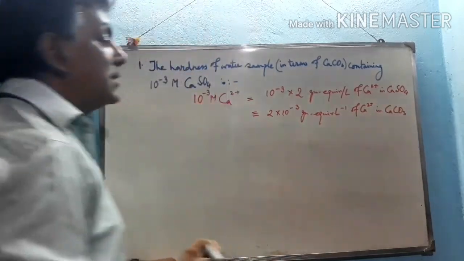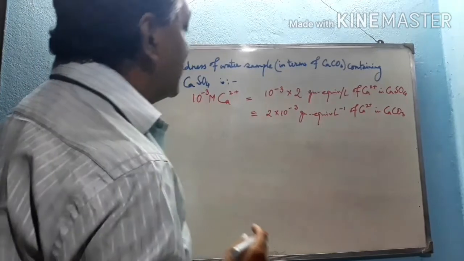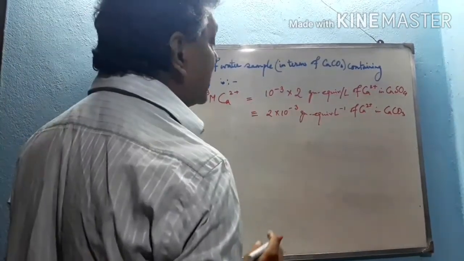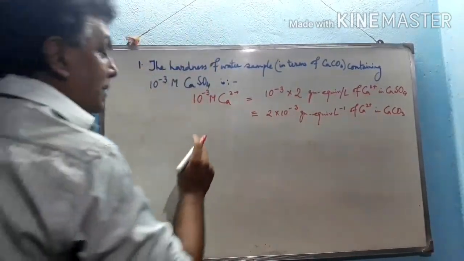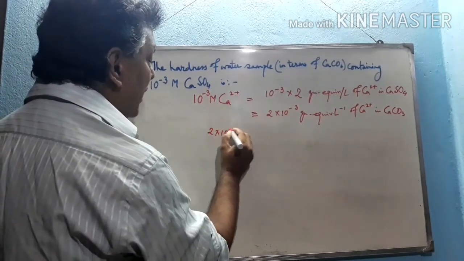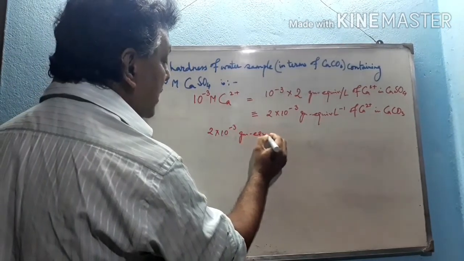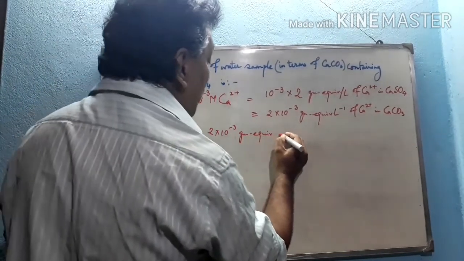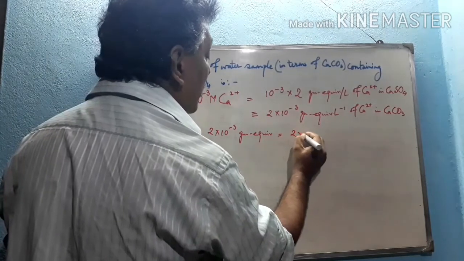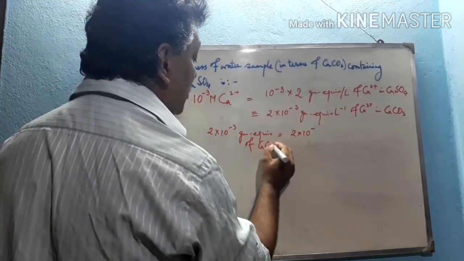In terms of CaCO3, because both salts contain Ca2+ ions, we have 2 into 10 to the power minus 3 gram equivalents of Ca2+. Now, 2 into 10 to the power minus 3 gram equivalents of CaCO3 is present.